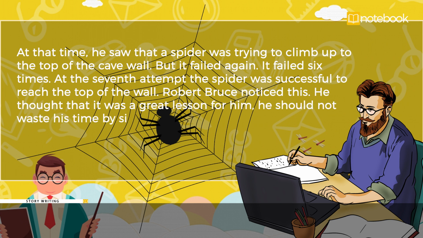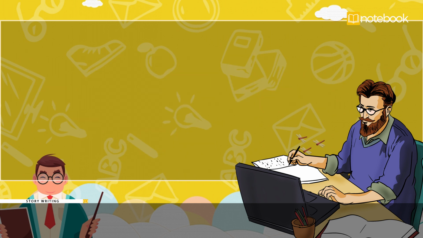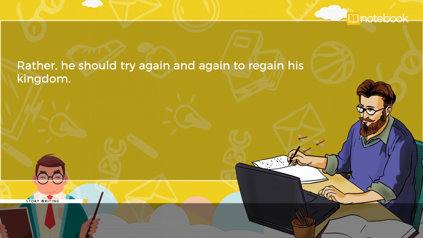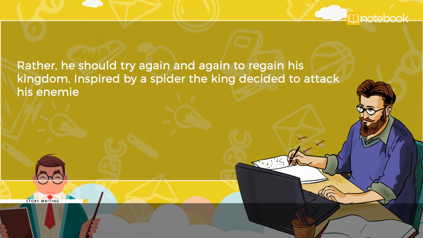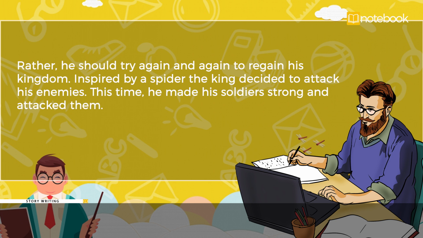He should not waste his time by sitting. Rather, he should try again and again to regain his kingdom. Inspired by a spider, the king decided to attack his enemies. This time, he made his soldiers strong and attacked them. Finally, he could regain his kingdom.